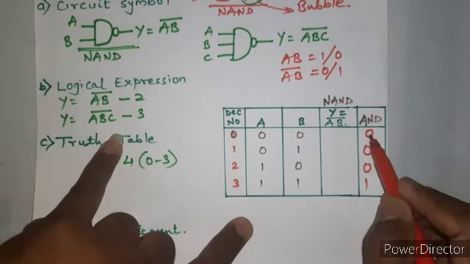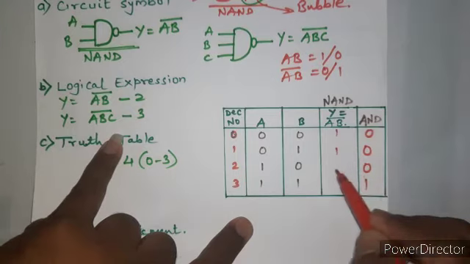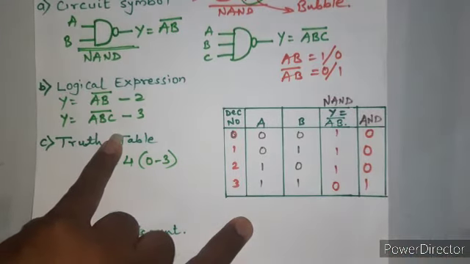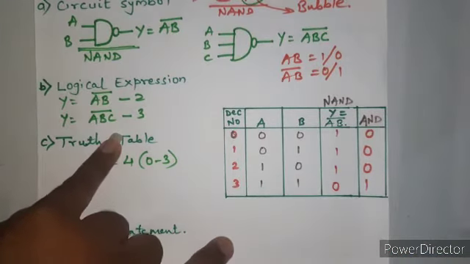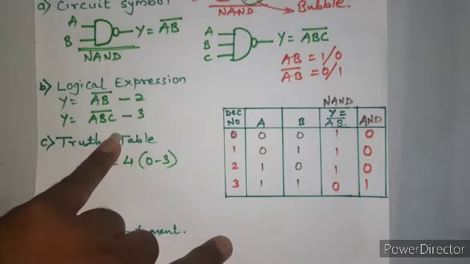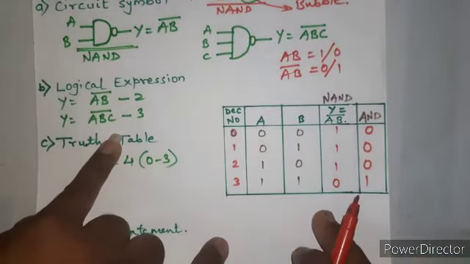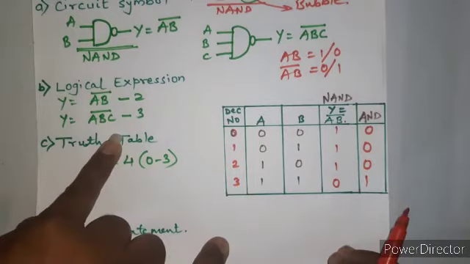Okay, so now here, since it is 0, this becomes 1, 1, 1 and this is 0. Okay, so this is the truth table for NAND gate, right?